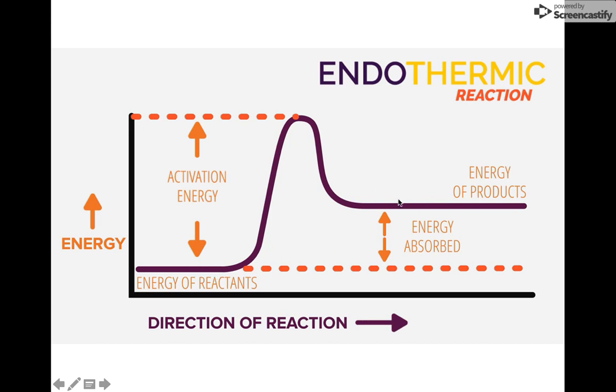So that energy has to have come from somewhere. To jump up from here to here, you must have got that energy from somewhere. The only place they can get that energy is by dragging it from their surroundings. So they absorb it from their surroundings.